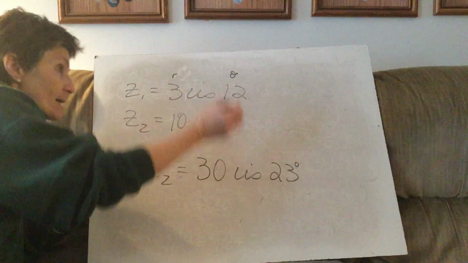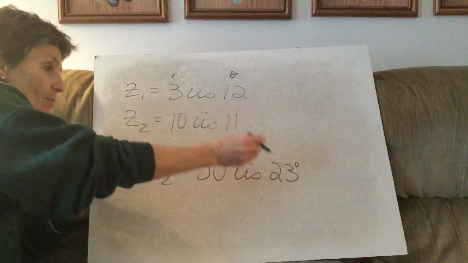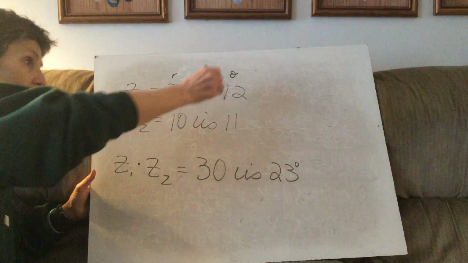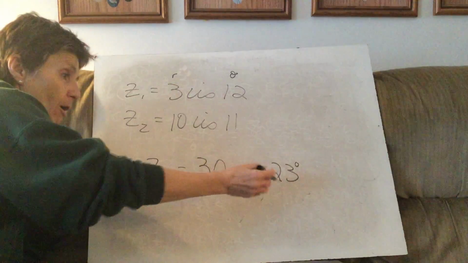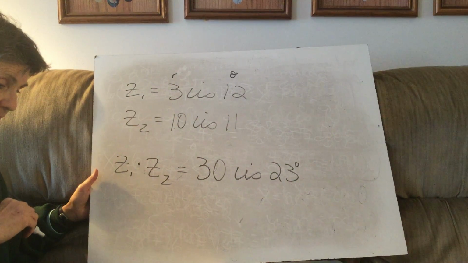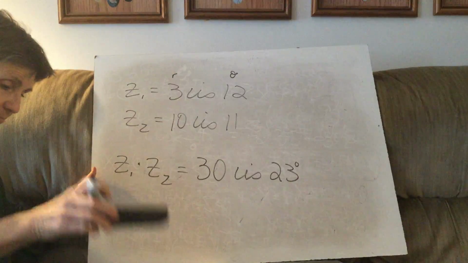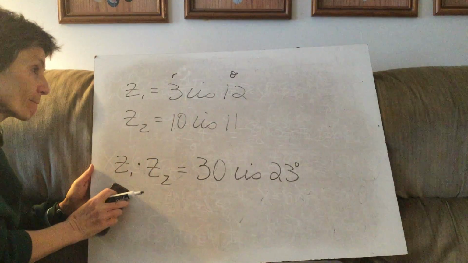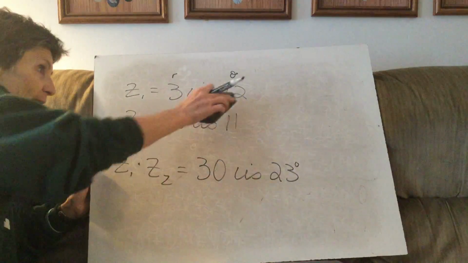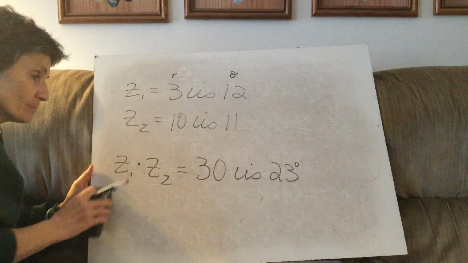And then this came from adding the thetas. So the r's are multiplied and the angles are added. And that's all there is to it. That's the answer. So I multiply the r's and I add the angles.